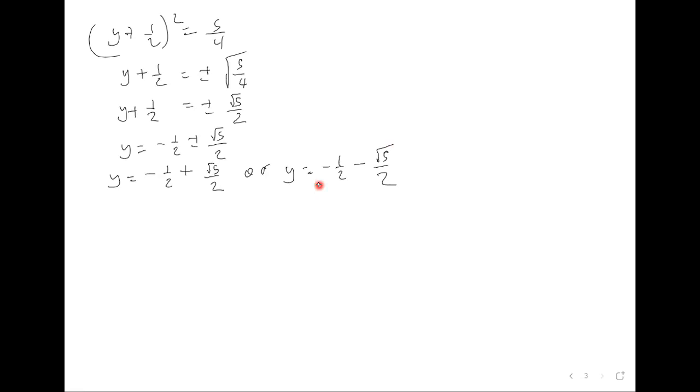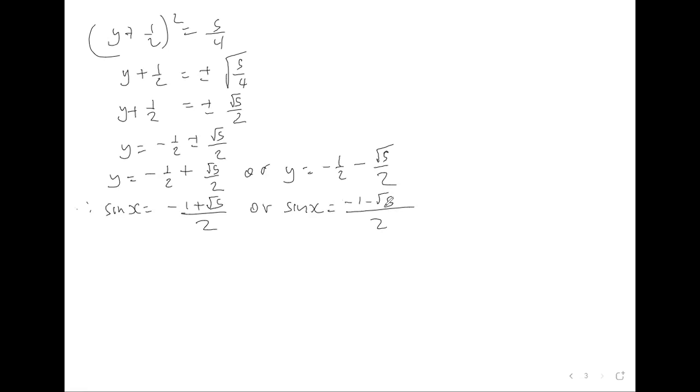Since y is sin according to our assumption, we have sin x being equal to -1 plus root 5 over 2, since the 2 is a common denominator. And here also we have sin x equal to -1 minus root 5 over 2.